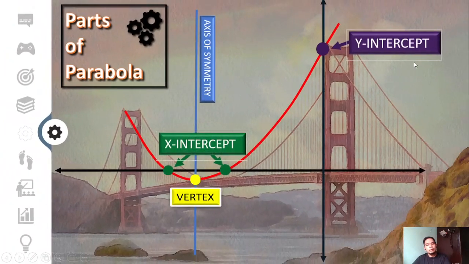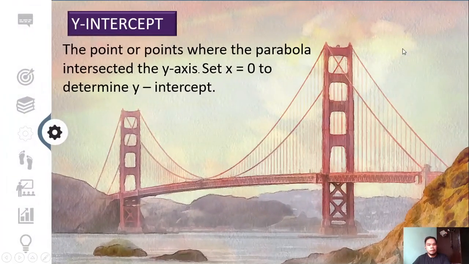Now, let's go to y-intercept. When we say y-intercept, these are the point or points where the parabola intersects the y-axis. Okay, so kung kanina yung x-intercept, in-intersect ng parabola yung x-axis, dito naman sa y-intercept, in-intersect ng parabola ang y-axis.